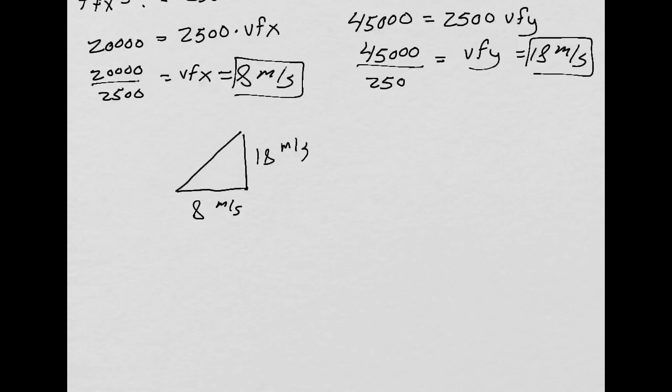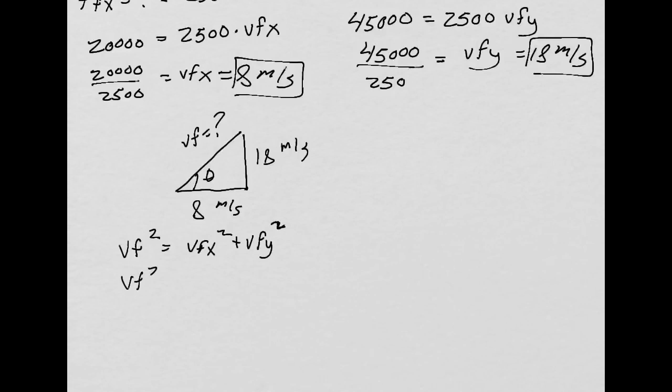So that means V final, which is our unknown we're trying to solve for, is the hypotenuse of that triangle, and our theta, our angle from north of east, is this theta here. So, using the Pythagorean theorem, V_f squared is equal to V_fx squared plus V_fy squared.